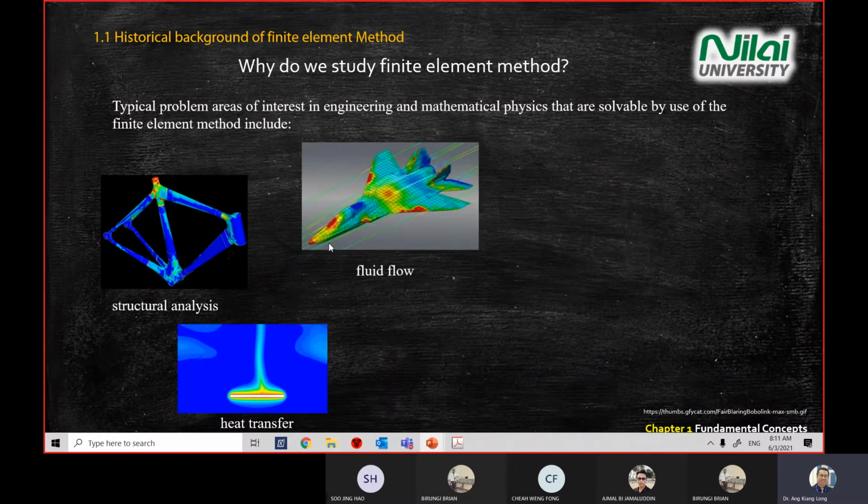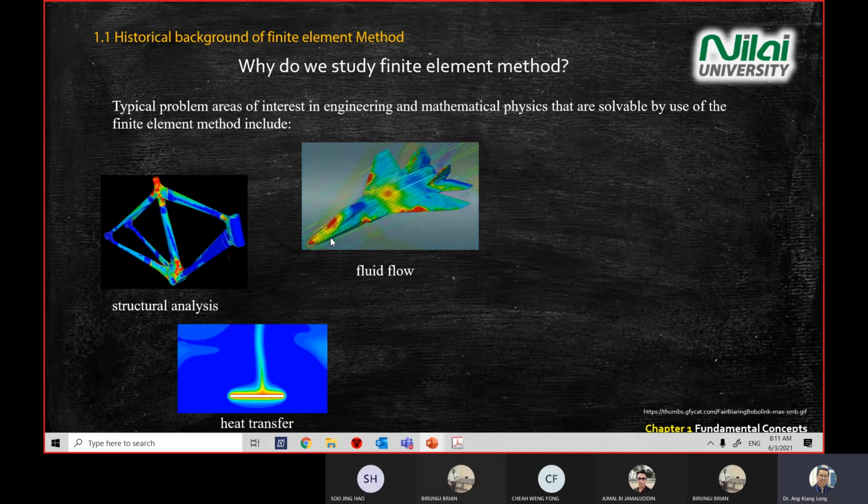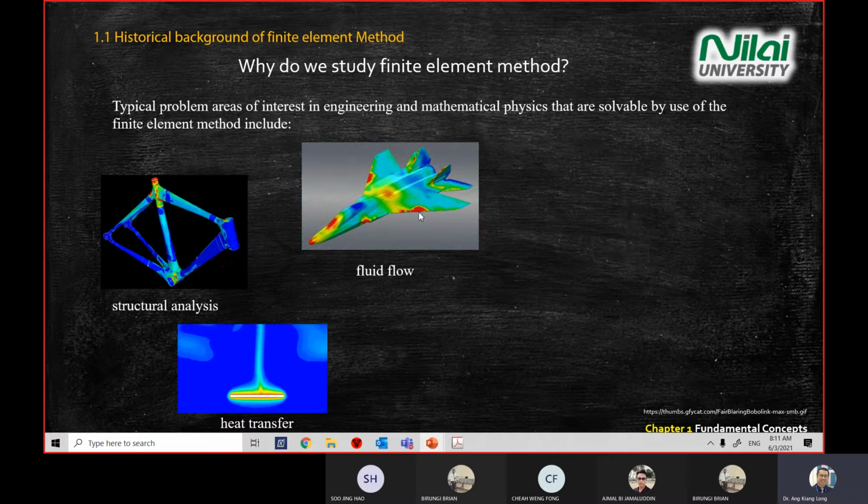Okay. Fluid flow. Most of the time we deal with fluid flow. In this example, what you see on your screen here is simulating a flow throughout an aircraft, a jet aircraft. Yeah. So most of the critical points are labeled as the red color here.